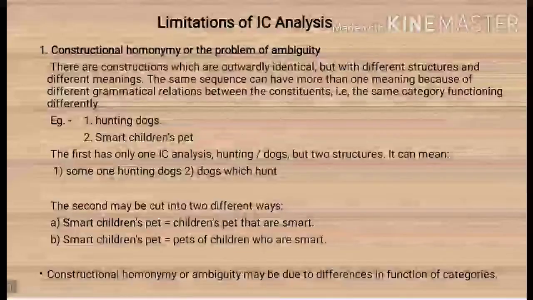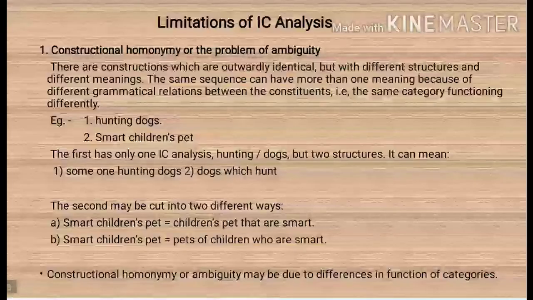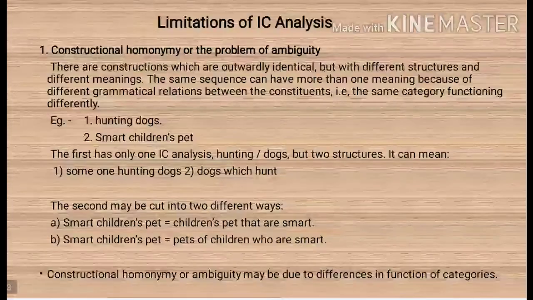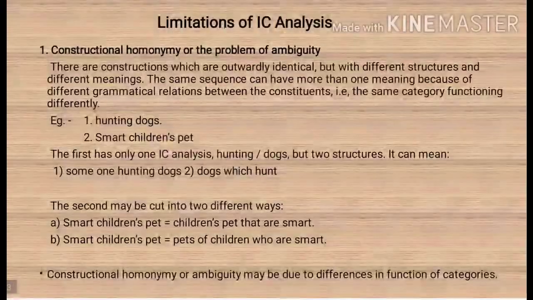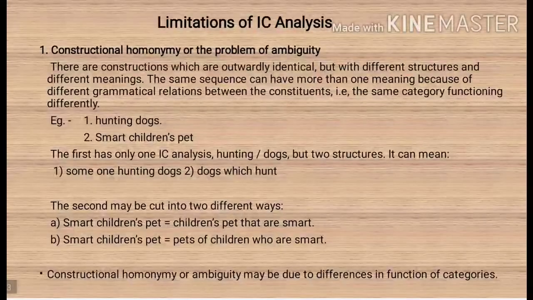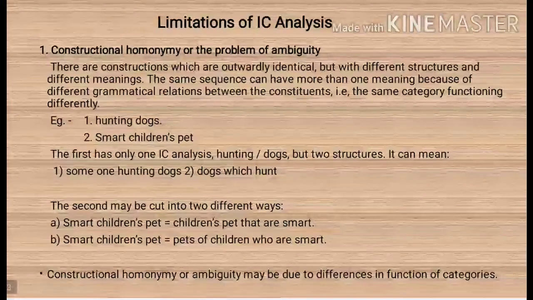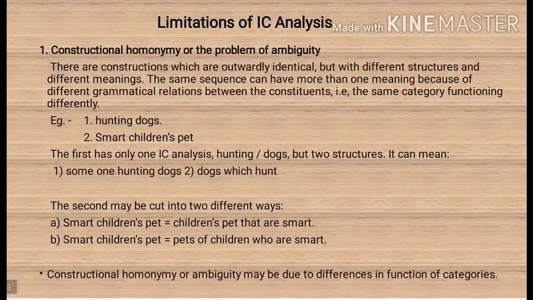First, smart children's pet, meaning children's pet that are smart. Second, smart children's pet, meaning pets of children who are smart. So we can say that constructional homonymy or ambiguity may be due to differences in function of categories.